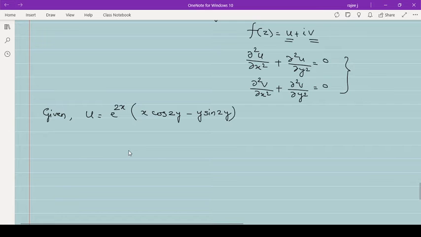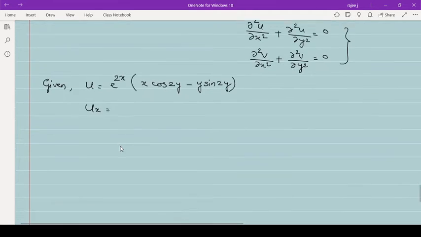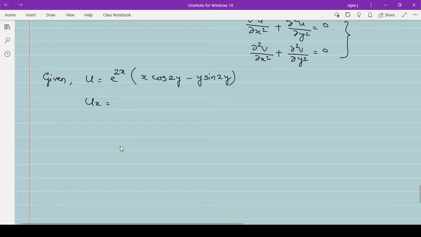First we will find ux, then we will find uy. So ux means the derivative of this with respect to x. This is a big function, with three terms, so while finding the derivatives, be careful. We will consider this as u into v, the product rule. This is the first function, and I will take this whole as the second function. So we are applying the product rule.